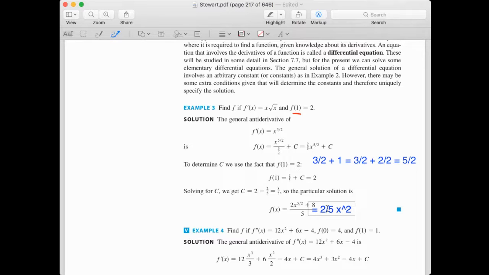We can write it as x raised to 4 over 2 plus 1 over 2. 4 over 2 is 2, so we can write x squared square root of x, then plus 8 over 5. Right, we want to write it this way. So 2 over 5, that's a scalar. Then the variable term will have an x squared square root of x, plus 8 over 5.